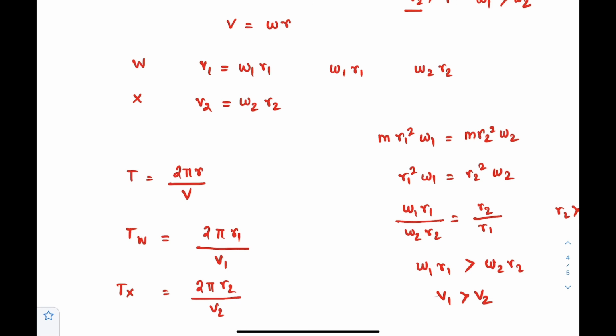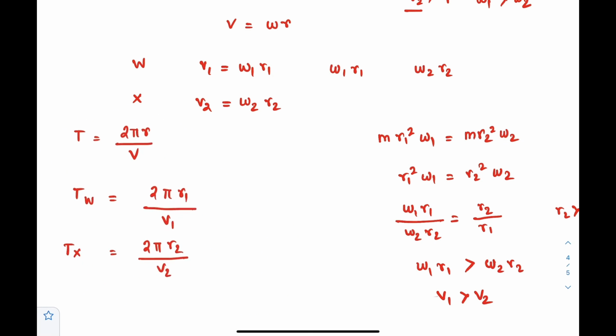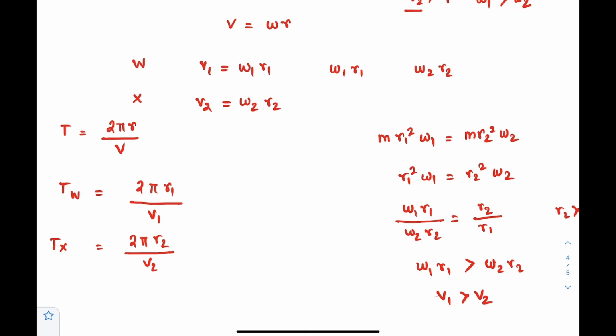If I divide these, the time period of W divided by the time period of X is equal to r1 by v1 over r2 by v2.